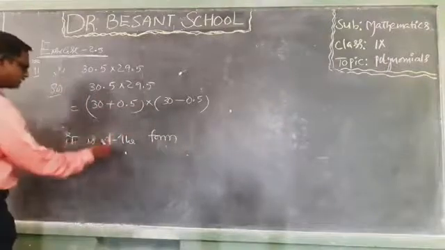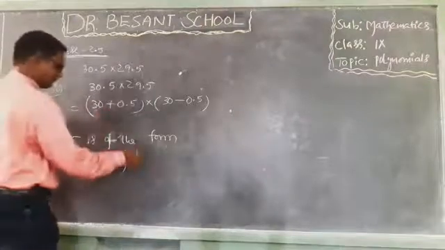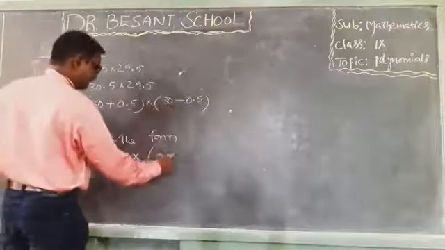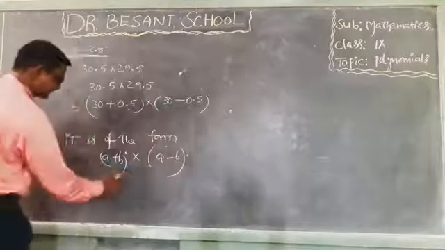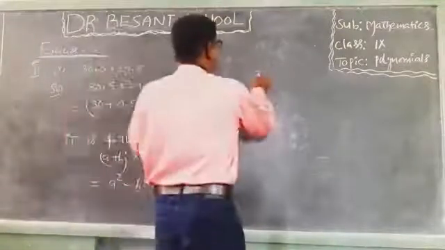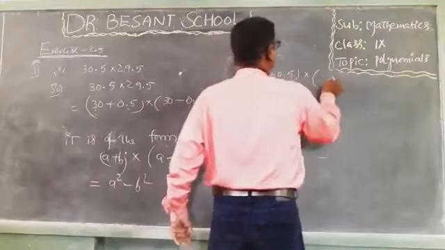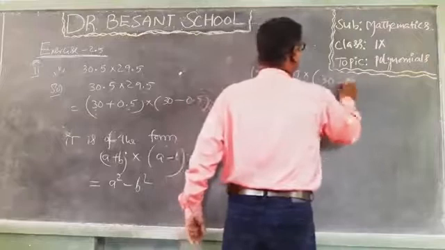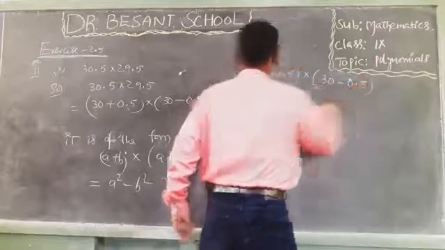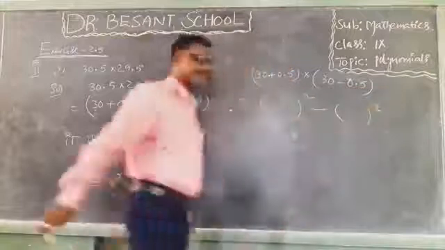It is of the form a plus b into a minus b. It comes as a square minus b square. Children, you see 30.5 means 30 plus 0.5, into 29.5 means 30 minus 0.5. A plus b into a minus b is a square minus b square.